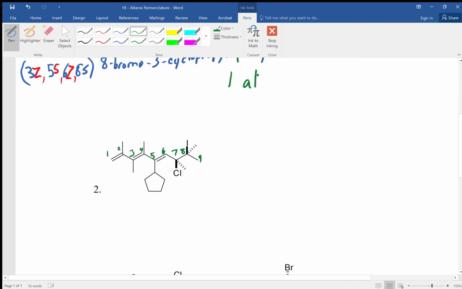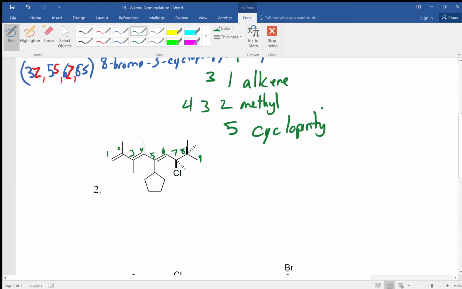has an alkene, 2 has a methyl, 3 has a methyl, 4 has a methyl, 3 also has an alkene, carbon 5 has a cyclopentane ring as a substituent, so cyclopentyl. 5 also has an alkene.